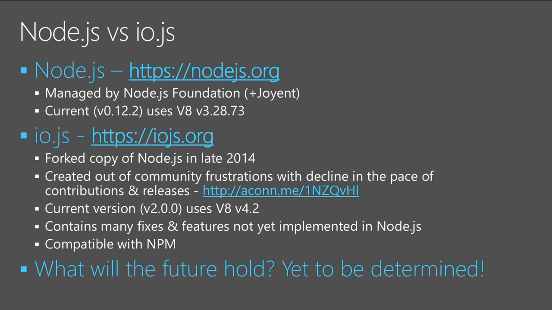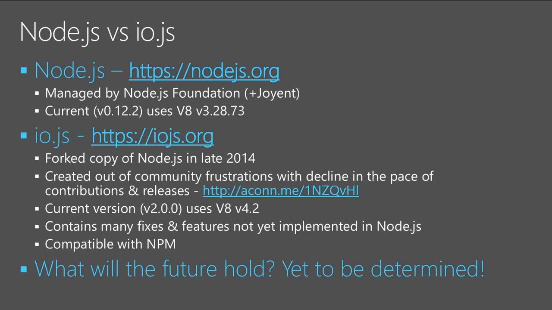We don't have those things in standard ECMAScript 5, which is what we generally call JavaScript today. So that's a big deal. Plus, there are a lot of performance improvements and bug fixes in the later version. So that was one of the frustrations. They were like, we see a lot of stuff being fixed in V8, so why aren't we using the latest version of V8?